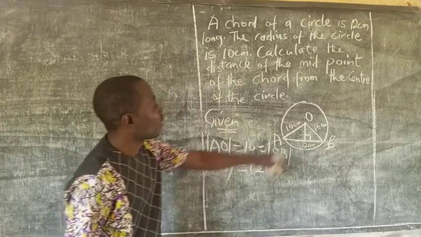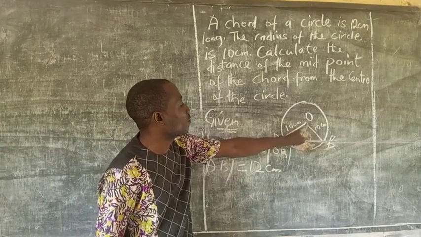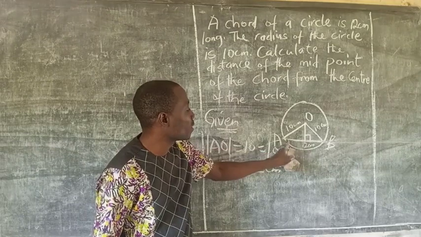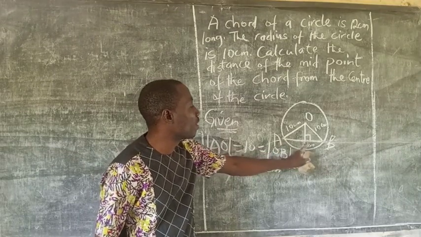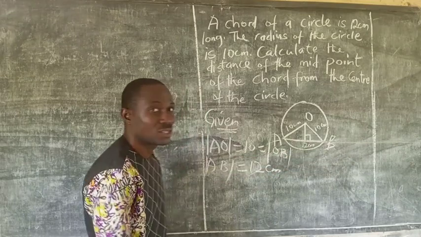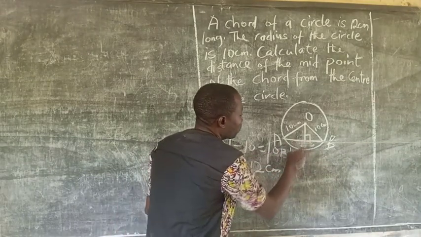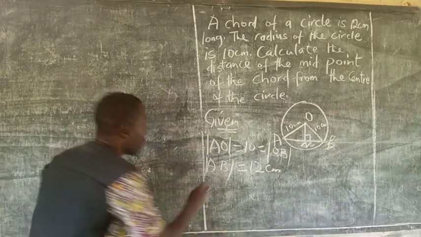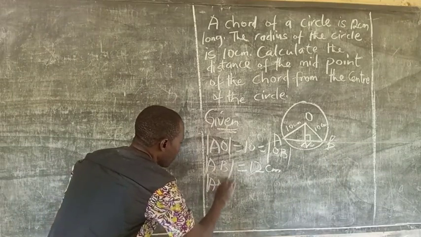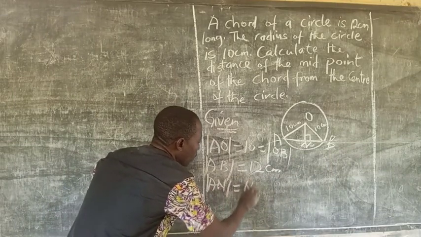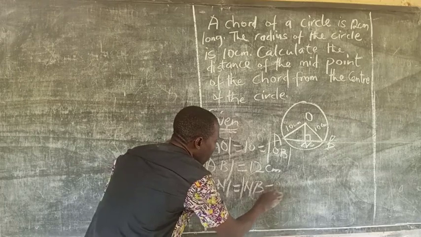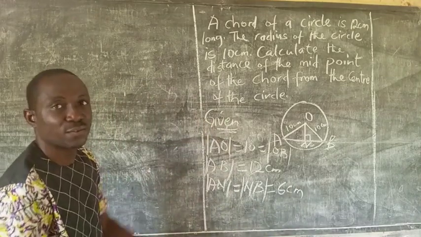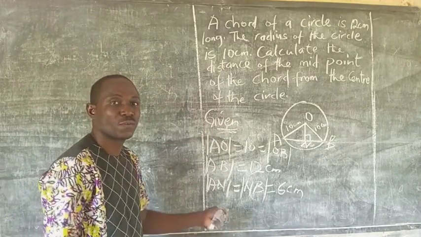Since the line produced from the center of the circle to the chord divides the chord into two, this part of the chord is equal to the second half of the chord, which is 6 centimeters. Let's call the midpoint of the chord N, so for better notation, AN equals NB equals 6 centimeters. After bringing out what we were given, we can now go into solving it properly.